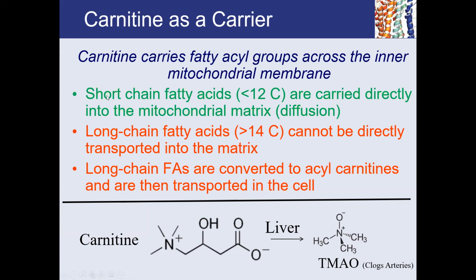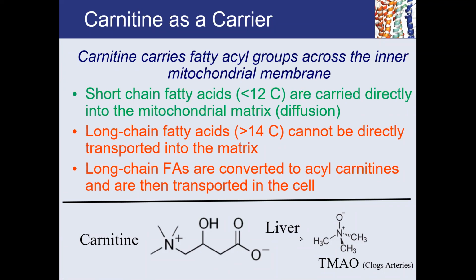On the other hand, if you have short chain fatty acids, 12 carbon or smaller, then they can be carried into the mitochondrial matrix simply by diffusion. Look at nature, how beautifully this is organized. The majority of the fat that we ingest and the storage fat, if it has to be metabolized in the mitochondrial matrix, cannot simply be activated by coenzyme A and brought in.